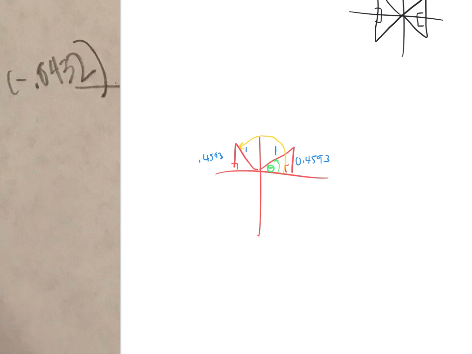Okay, so what we're going to do is we're going to go on a mission, though, to find this green angle first. And the way that you could do that is you could say, okay, well, the sine of whatever that angle is equal to this.